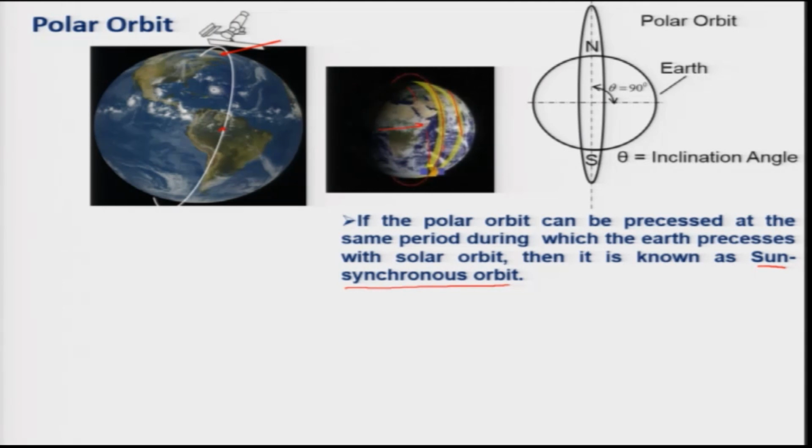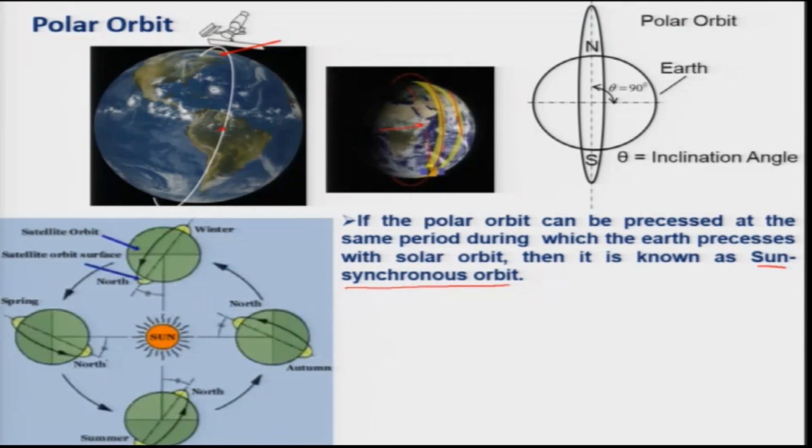To explain it further, let us look at what is happening. The sun is here, and let us say this is your satellite orbit, and this is your north side. If it is moving, then it could see that this is illuminated and the satellite can see this portion.